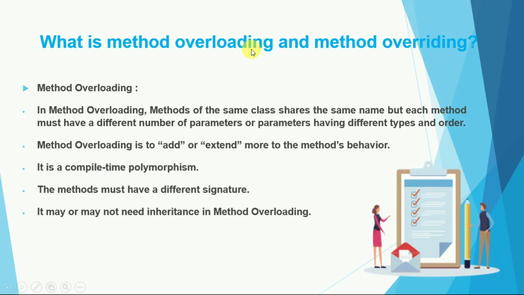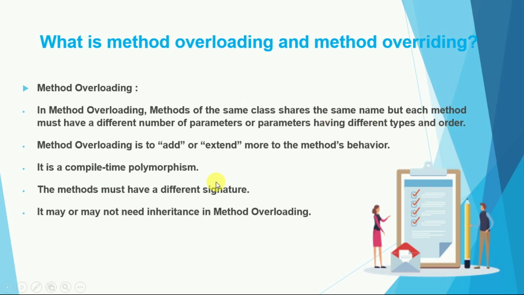So what is method overloading and method overriding? We already discussed compile time polymorphism and runtime polymorphism, and compile time polymorphism is also known as method overloading. So what is method overloading? In method overloading, we have a class with two different methods that have the same name, but each method must have a different number of parameters, or parameters of different types and order.